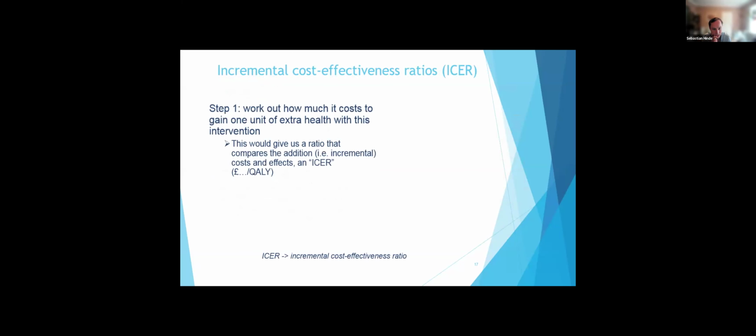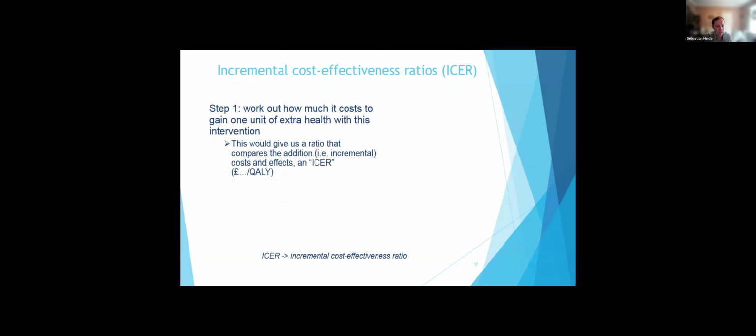It would obviously be lovely to know how all of the interventions in the NHS compare and the cost effectiveness of everything we do. So if we have to fund one new thing, then we know what it will be displacing. But unfortunately, we don't really know that. So we've got to have a bit of a workaround.